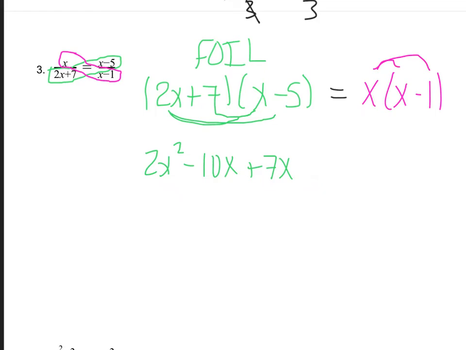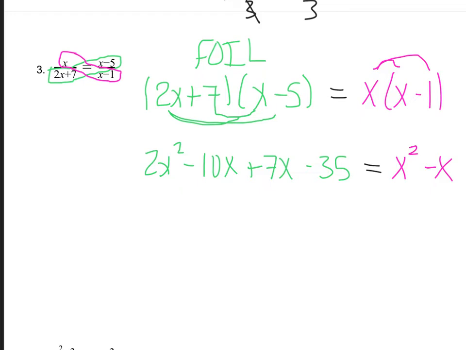And the last ones are this 7 and the negative 5. That's going to give me negative 35. And that's going to equal, I'm going to distribute this x to x. x times x is x squared. And then x times negative 1 is negative x.